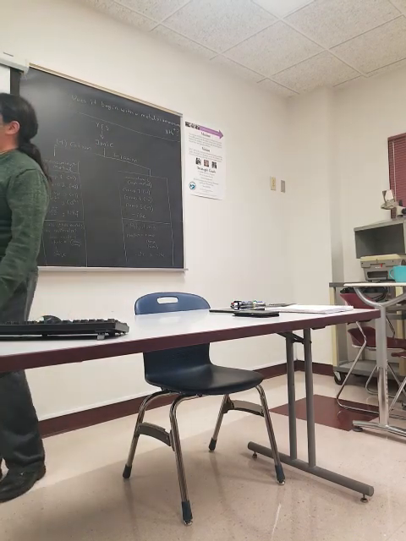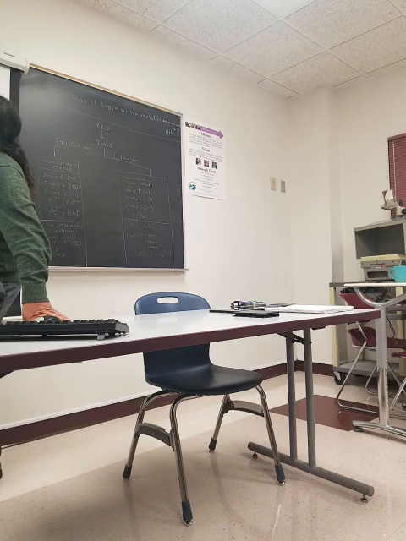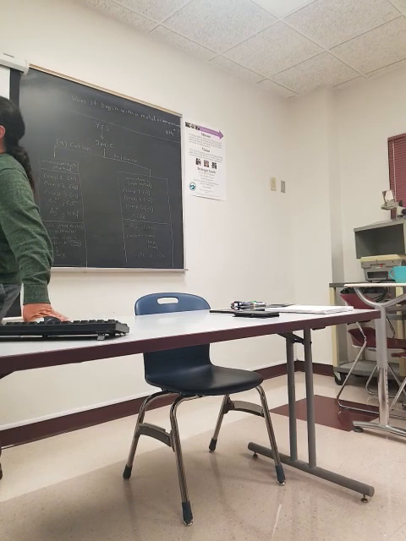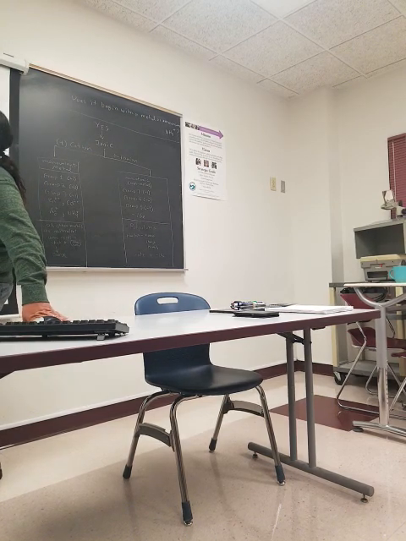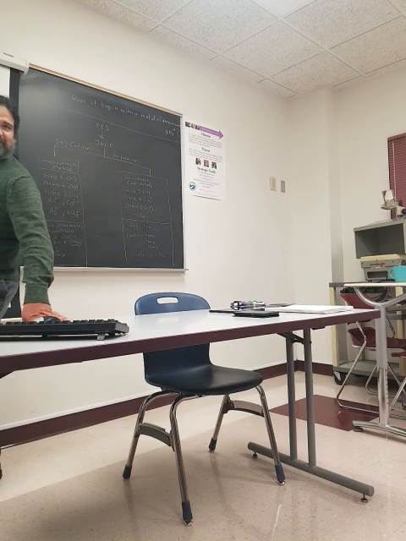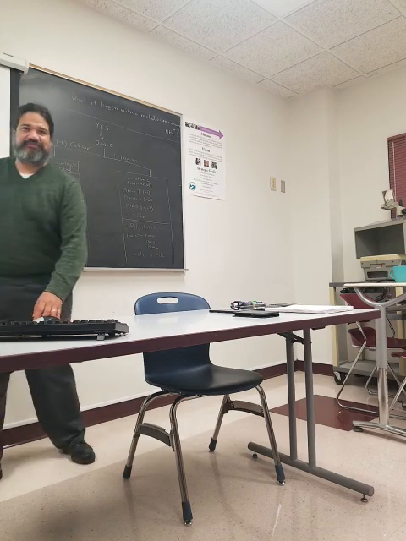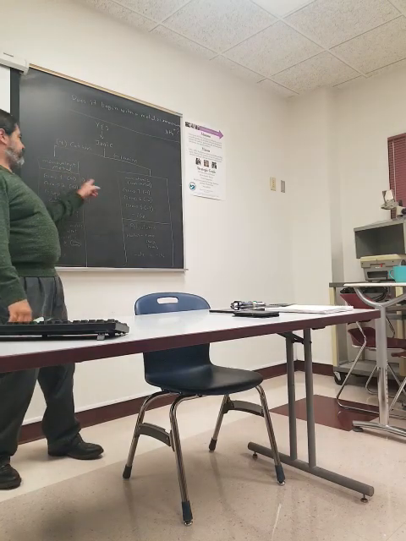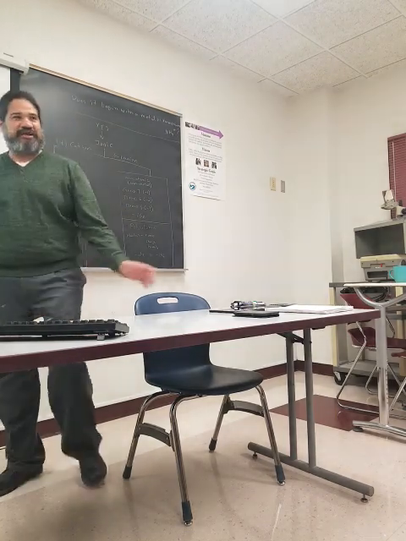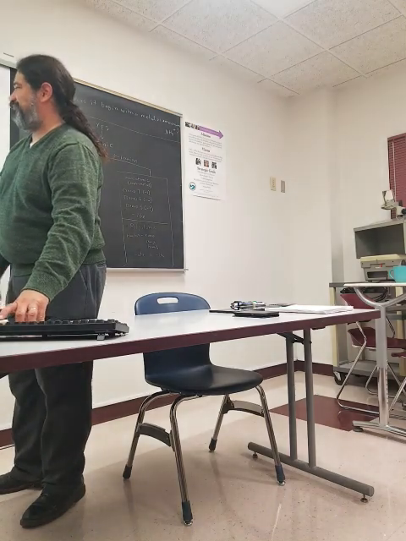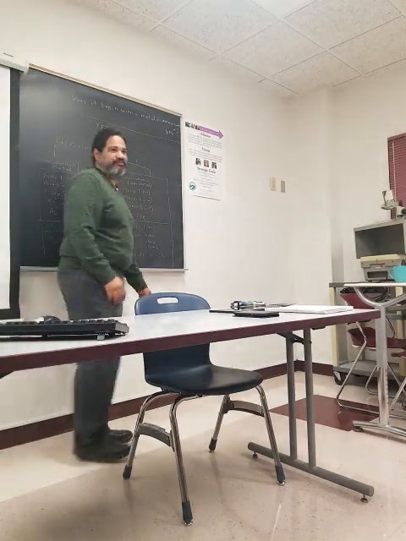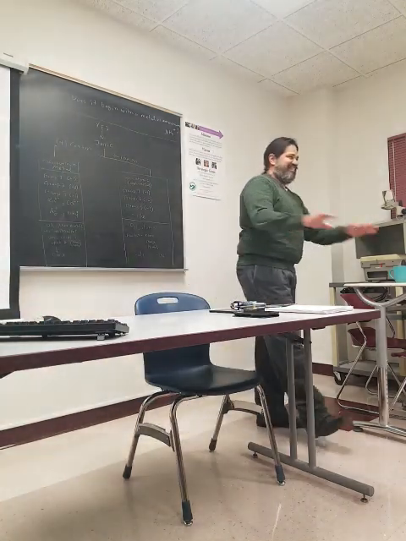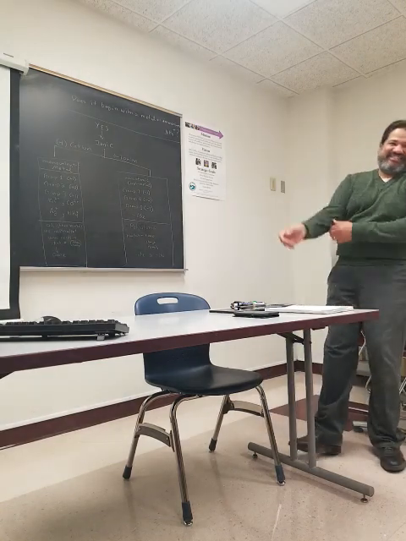So, K, what's the name of K? Potassium. Oxygen becomes oxide. That's it, potassium oxide. Group 1, group 6.